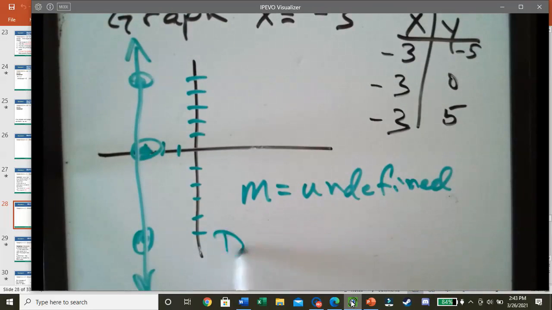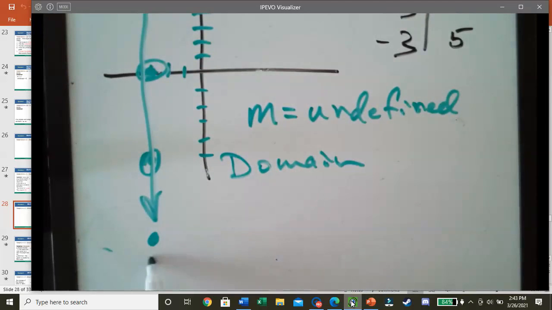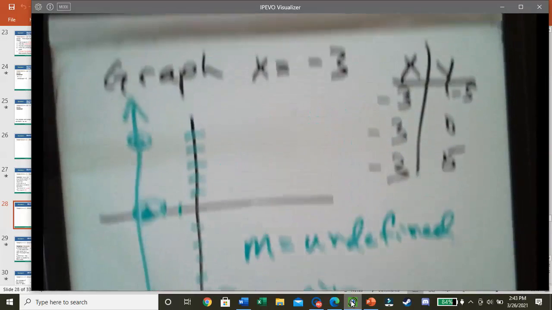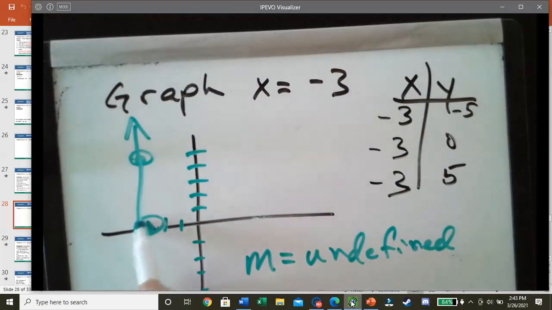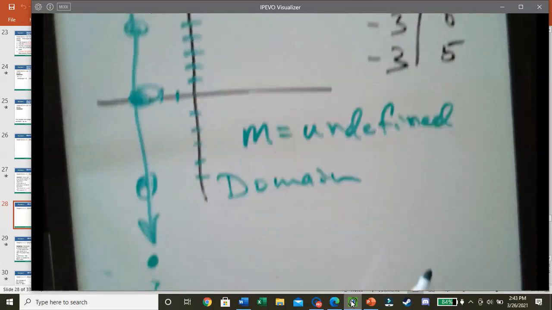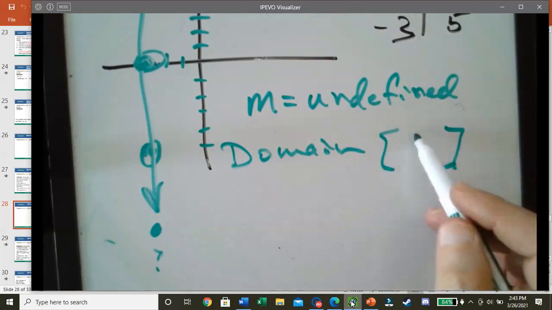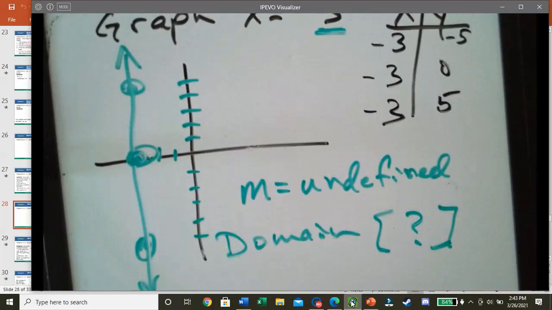Well, the domain is, if this is our domain, right, and we erase the line where the line is not, you only have a single point, right? Well, where is that single point? Domain is what?